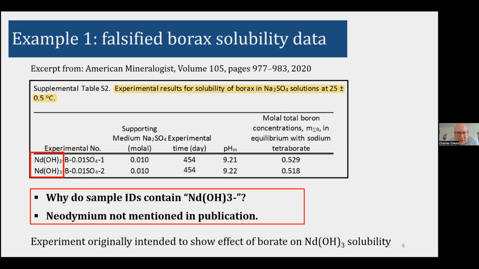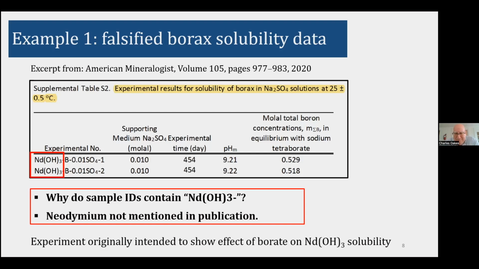So I looked at this paper and I looked at the table of data. And the first thing I saw was this red box down here. The red box is mine. But the sample IDs all begin with NdOH3, with the 3 subscripted. And to most of us, that would look suspiciously like neodymium hydroxide.